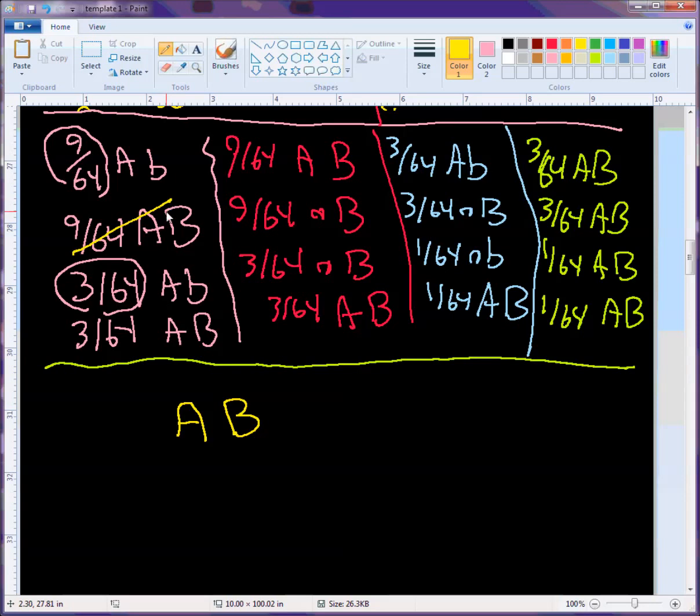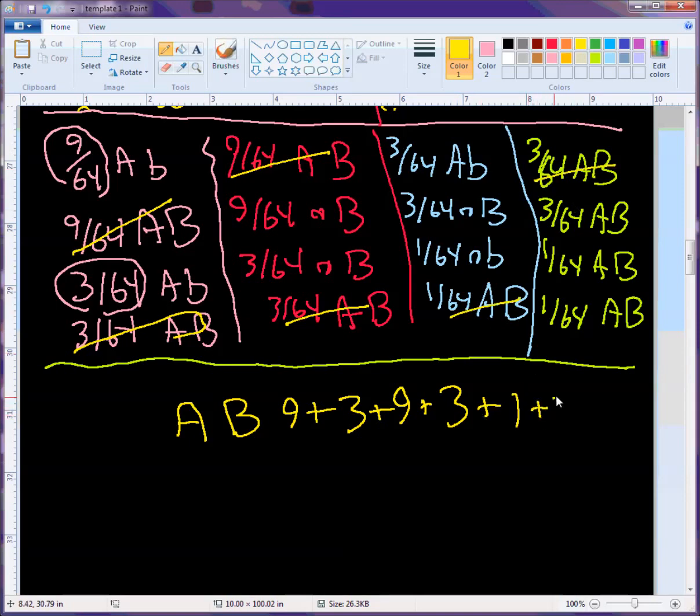So 9 out of 64 here, so 9 plus 9 out of 64, 3 here, 9 here, plus 3 here, plus 1 here, plus 3 here, plus 3 here. Oh, okay, these are all big A, big B. Okay, plus 2 here, these guys.